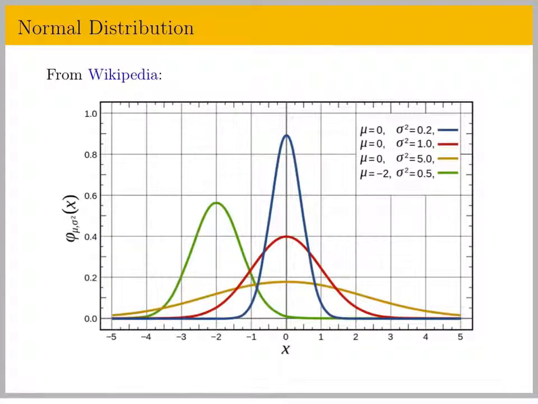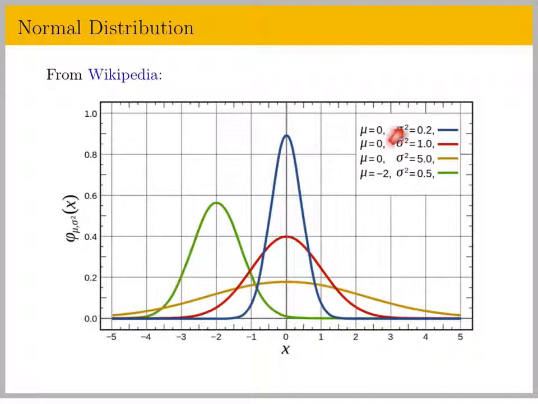So here are some examples from Wikipedia. I pulled this graph from Wikipedia, some examples of normal distributions. Everything but the green density, well, we can call these density functions, everything but the green density is centered at 0. We show that the green actually has a mean of -2, and then these normal distributions have varying variances.